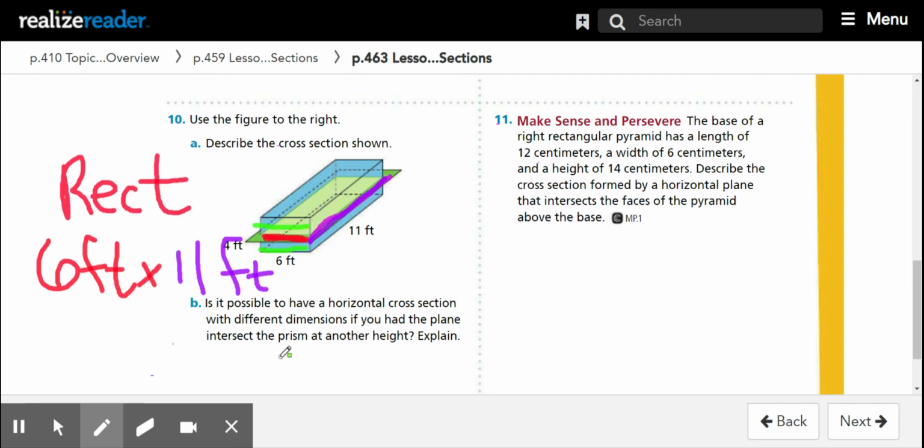And the answer is no, because as long as it's parallel to the base, as long as it's cutting straight as a horizontal cut, you're going to get the same rectangle as the base, essentially, or as the top. So the answer is no, because it will be the same shape and size.